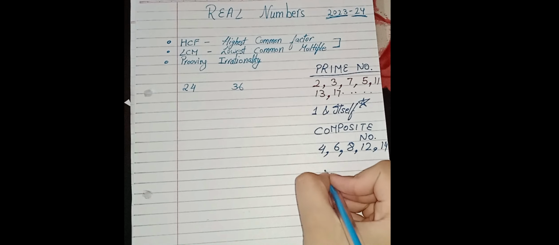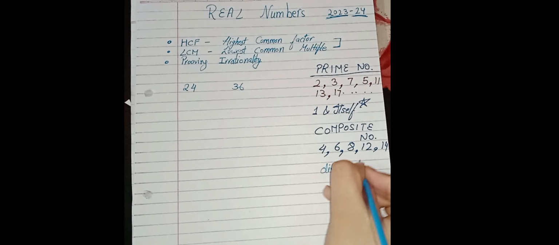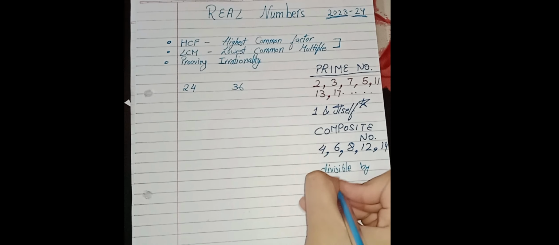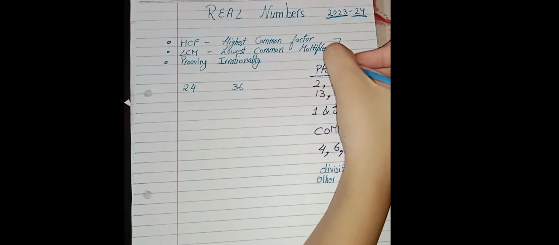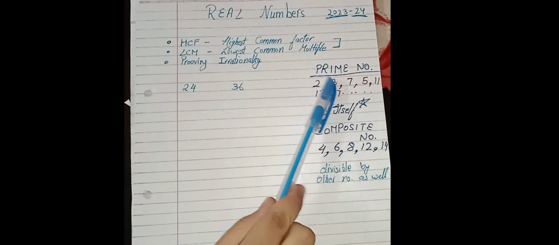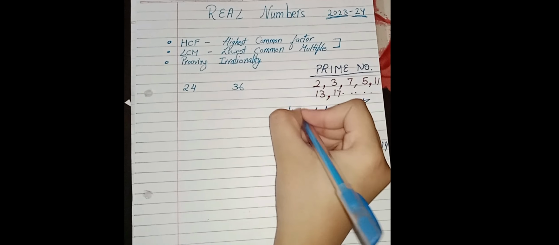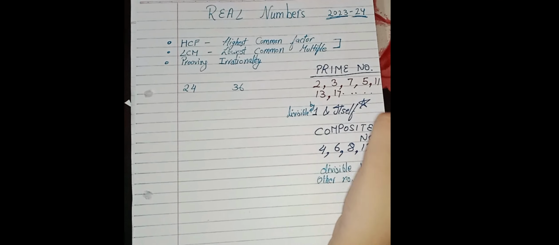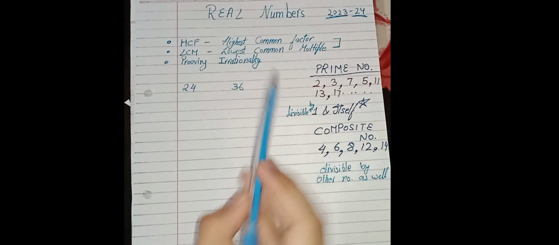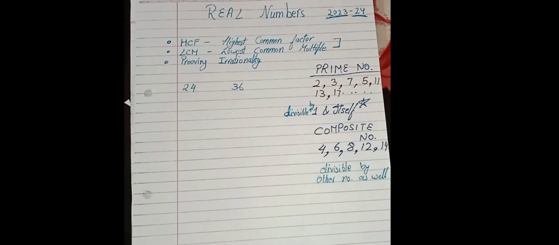You can say they are divisible by other numbers as well, but prime numbers are only divisible by 1 and the number itself, and composite numbers are divisible by other numbers as well. I hope this is clear.